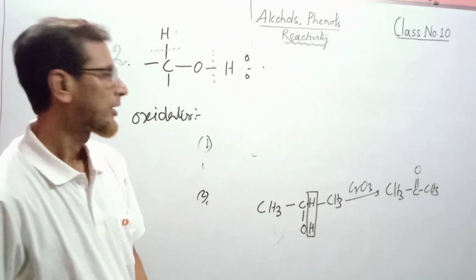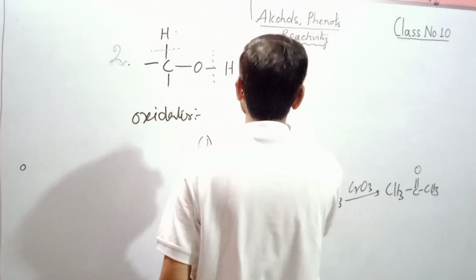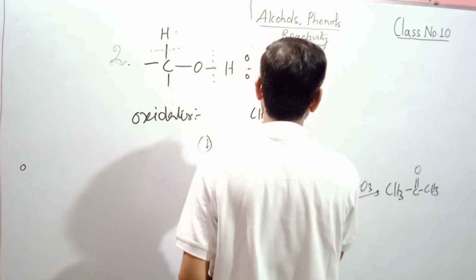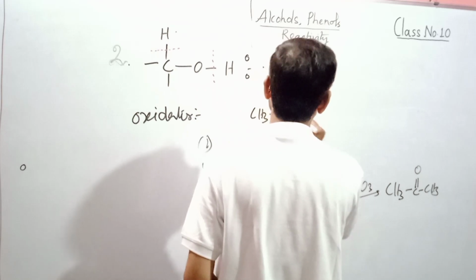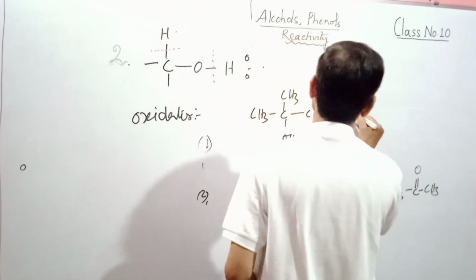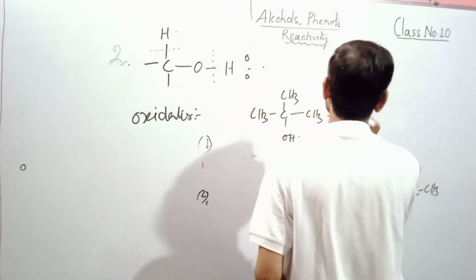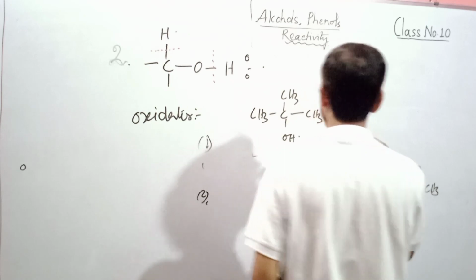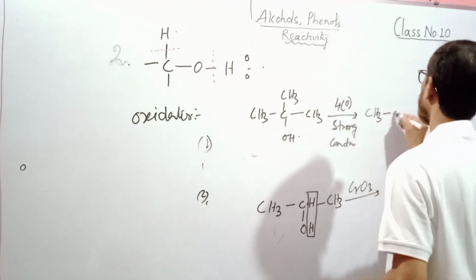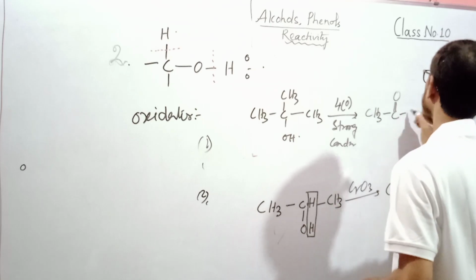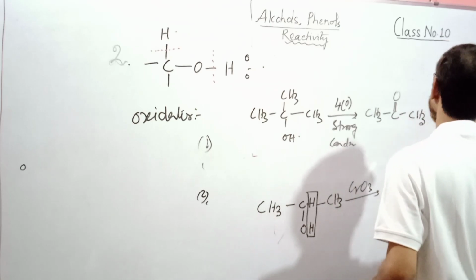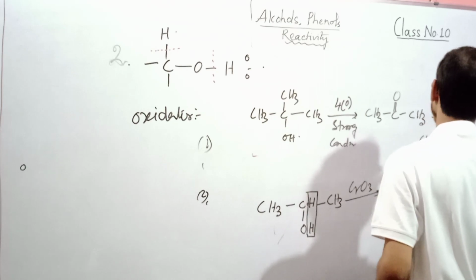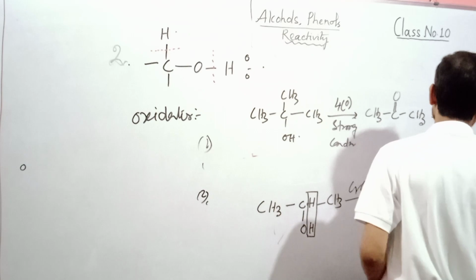If 3 degree alcohol is oxidized under drastic or strong condition, this transforms into this, and on further oxidation transforms into this.